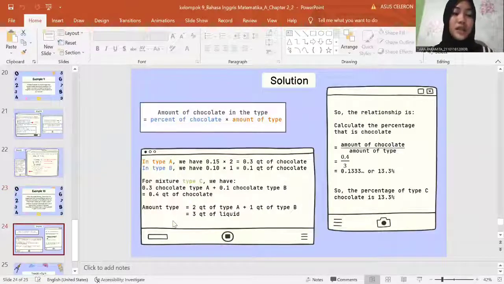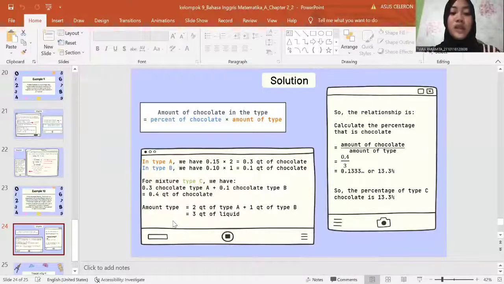Okay, the solution is: amount of chocolate in the type equals percent of chocolate times amount of type. In type A, we have 0.15 times 2 equals 0.3 quart of chocolate. In type B, we have 0.10 times 1 equals 0.1 quart of chocolate.